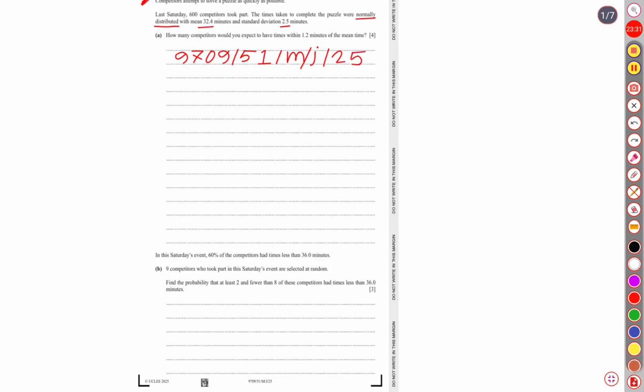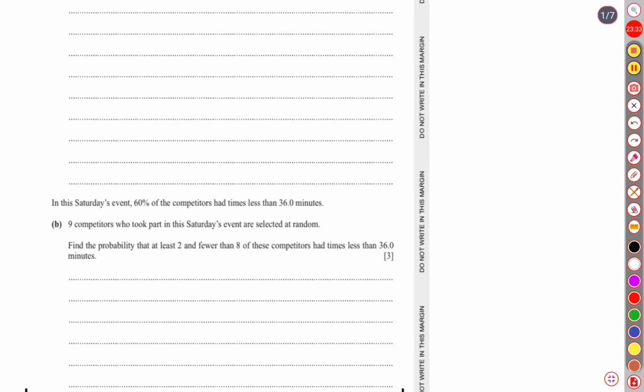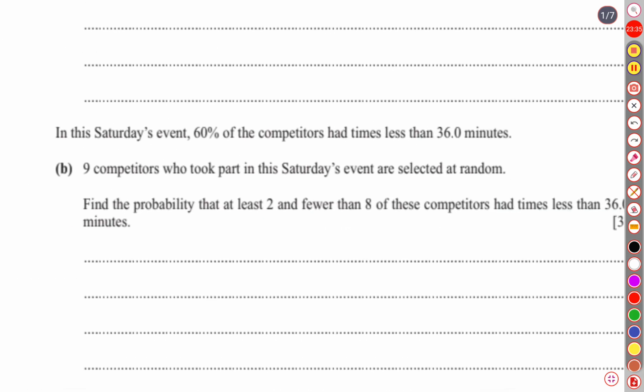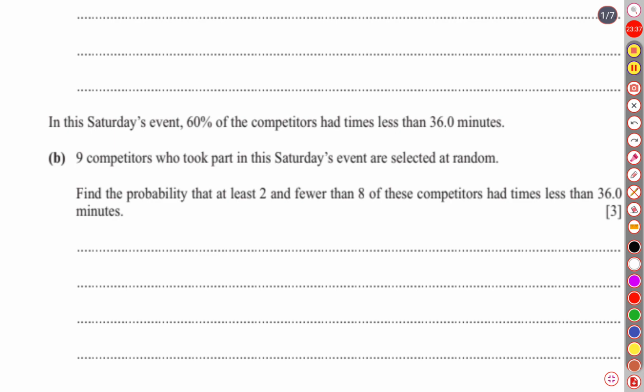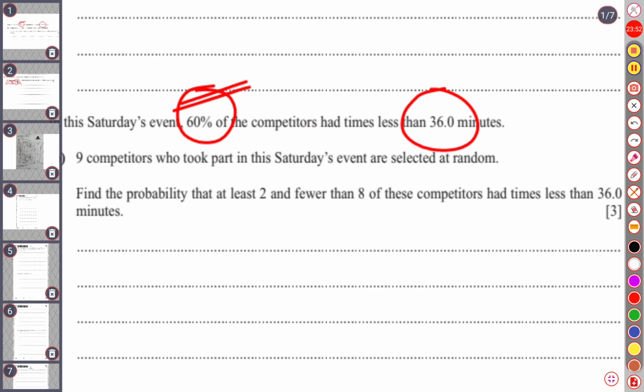It is in question number B. Look, 60% of the competitors take time less than 36 minutes. So our P is 0.60, Q is 0.40. So let us write this.